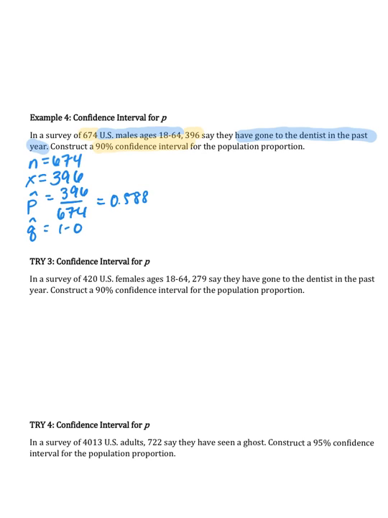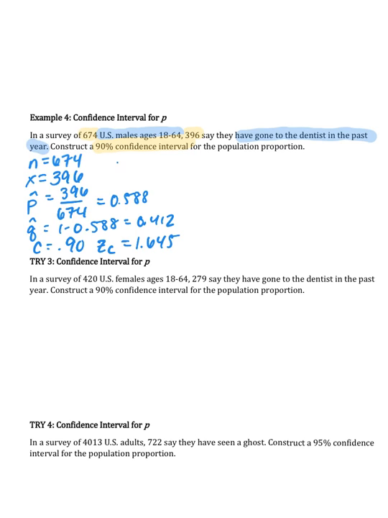Q hat is 1 minus P hat, which is 0.412. Our C is 90%, so that's a common one. So our critical value is 1.645.